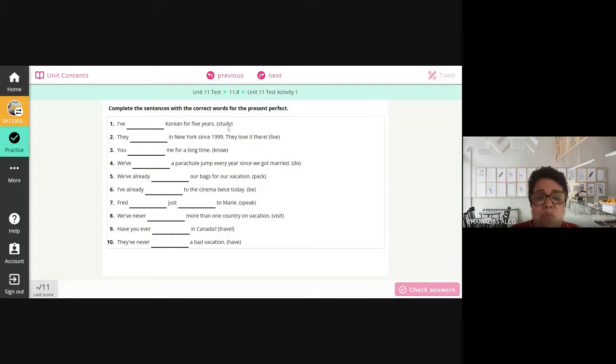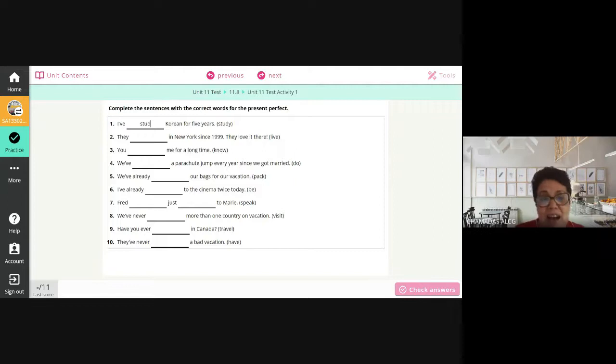So we have to put this verb in the past participle. So how can we do this? Oh, it's easy. Yes, this verb is regular. So we just have to add ed. Let's do it.